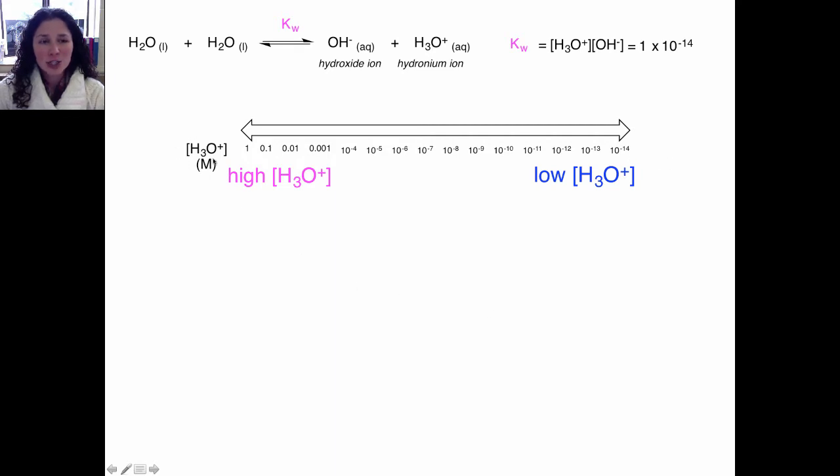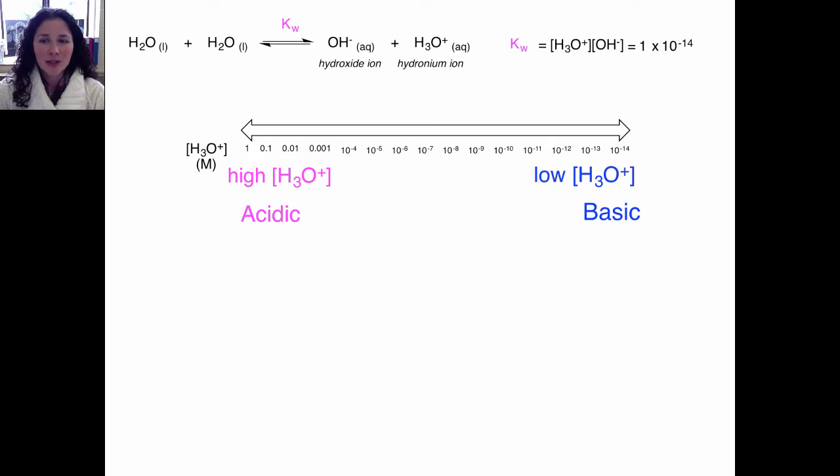So this is the hydrogen ion or the hydronium ion concentration in molarity, and this is the high end and this is the low end. This is the scale that we know as acidity or basicity. This is a strong acid. At very high hydronium ion concentrations, we have acidic solutions, and at very low concentrations of hydronium ion, we actually have higher concentrations of OH-, and these are basic solutions.